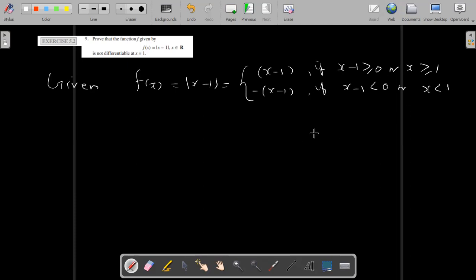So what point do we have to check? At one point this function has different definitions, different values, for the left hand and the right hand.